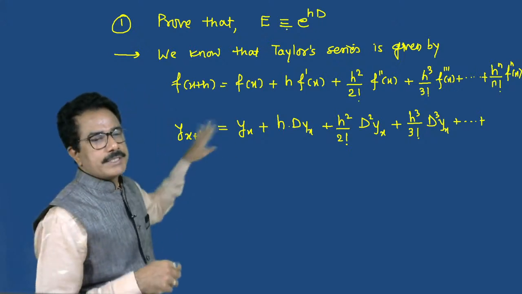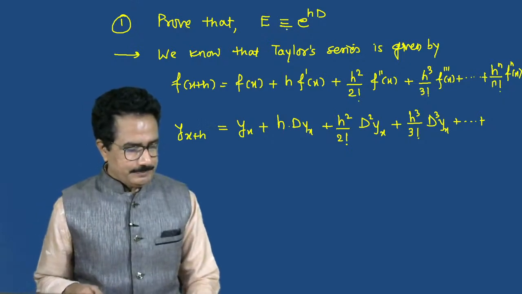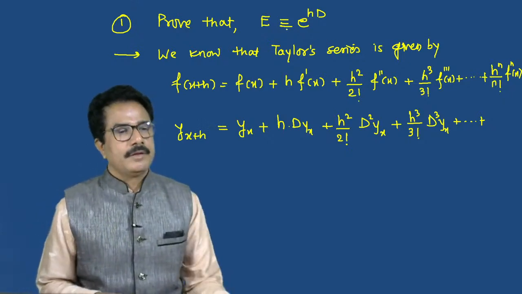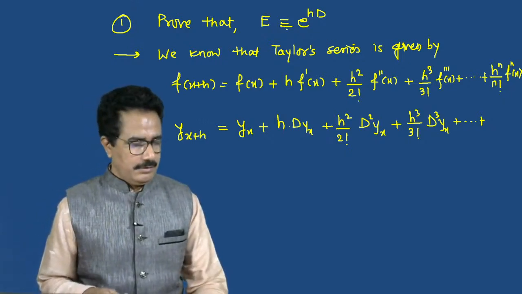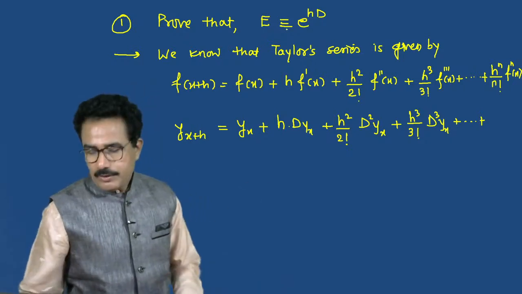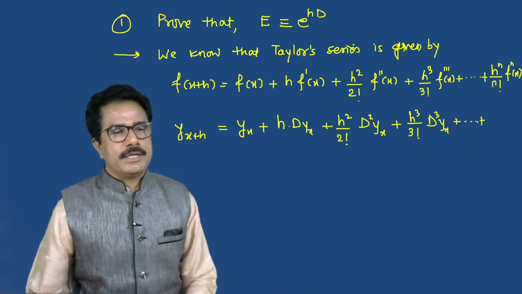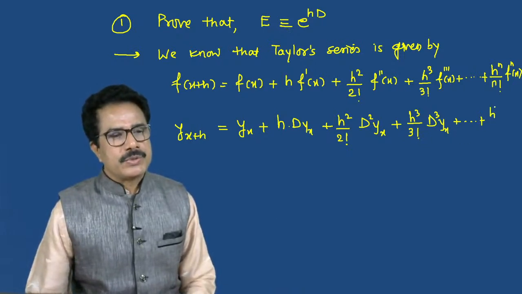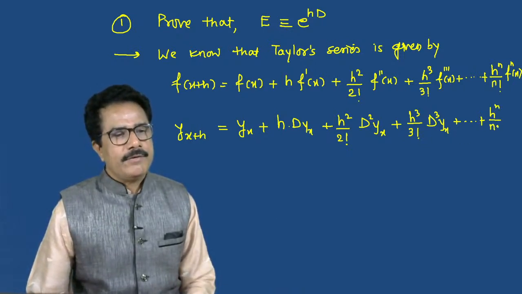One minute, we shall discuss this. Now dot dot dot, last term, tell me students: h raised to n divided by n factorial d raised to n y.